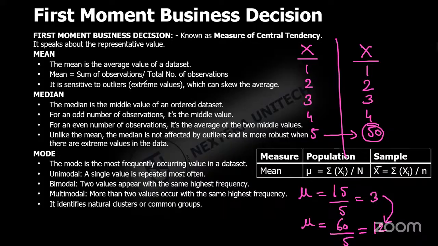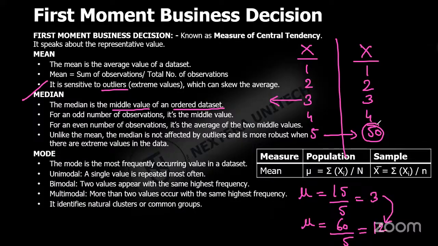Then how to calculate the center value if there are outliers in the data? There we go with median. So under statistics, we have learned mean, median, mode. What is median? Median is nothing but the middle value of an ordered data set. Once after ordering it, the middle value will be the median, even if there are outliers.